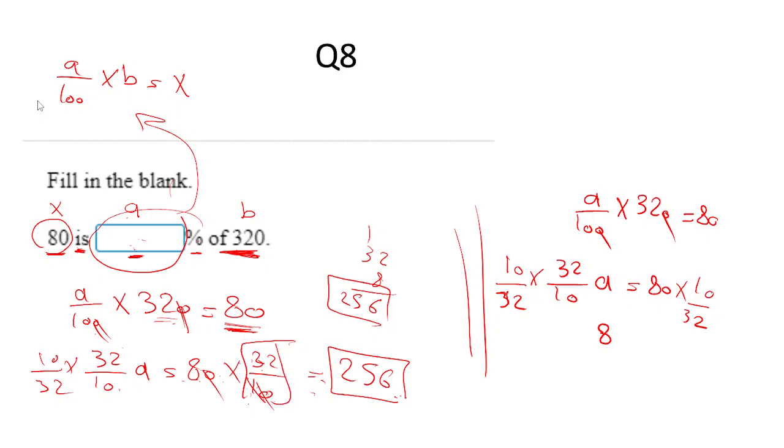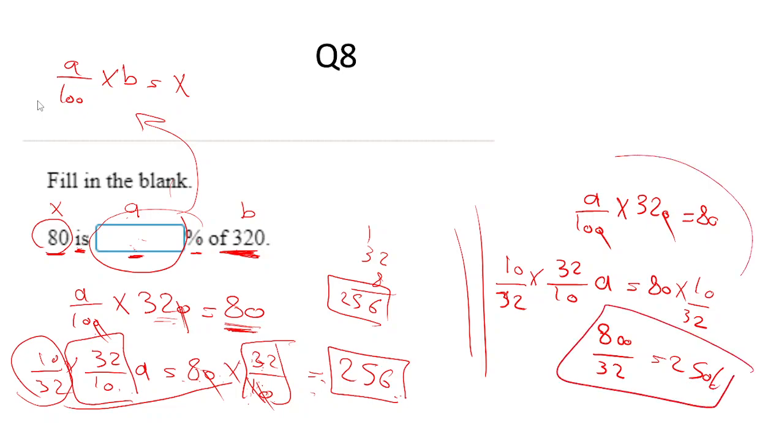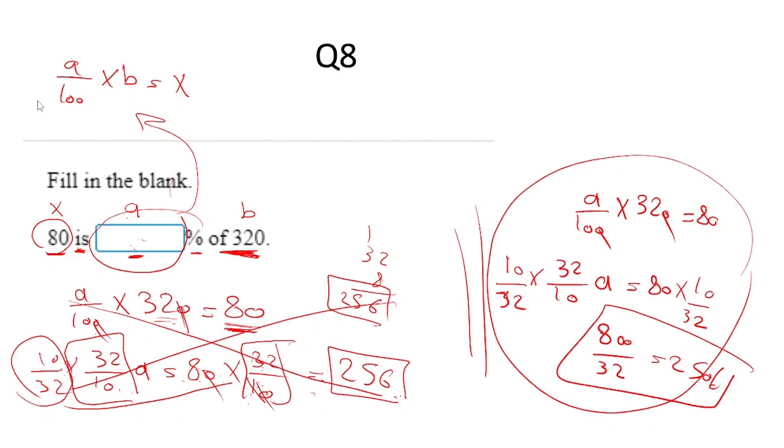You see, I did it wrong here. I'm supposed to multiply by this one, not the opposite. So that means 800 over 32, which will be 25%. So this is the correct answer. The other one is not right because I forgot to put 10 over 32 here.